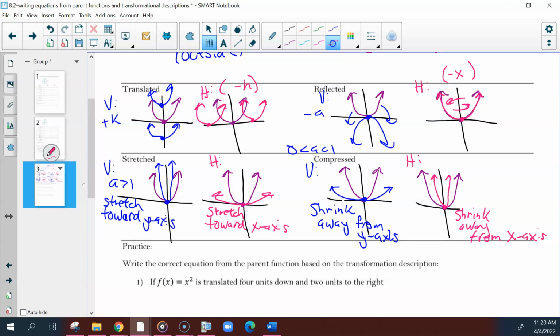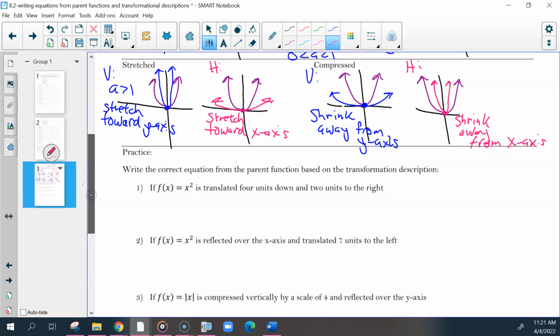So now we're going to be given different transformation descriptions, and we have to use those descriptions to write out the equation of what we are doing. So for this example number 1, it tells us we're going to be using our parent function x squared. Translated 4 units down.